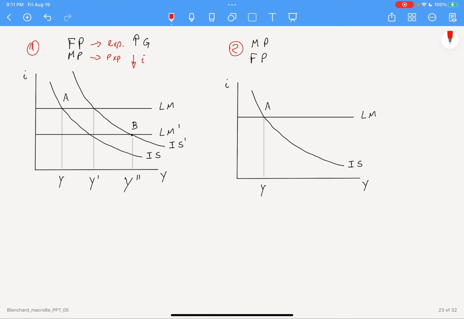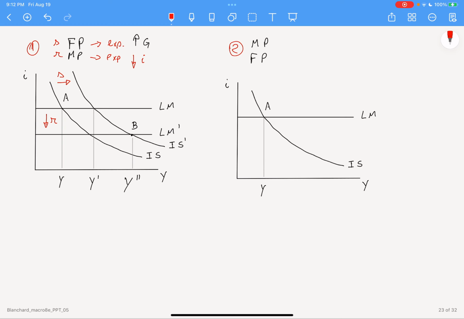Okay? We started with the fiscal policy. So the first thing we do is this jump here. To avoid confusions, let's call this S, right? So this is S, and when we do the monetary policy, we have this guy here. Let's call this R, S and R, right?